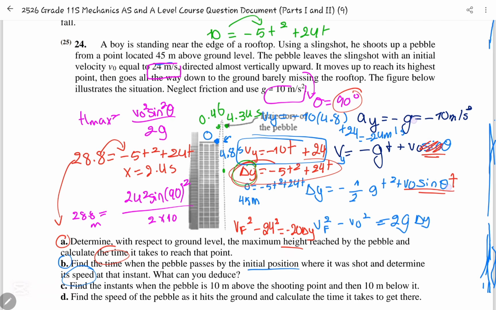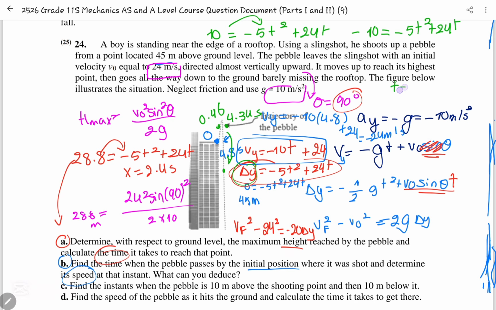Now, if I said it's 10 meters below, that would be minus 10, because it's going down. So minus 10 equals minus 5t squared plus 24t. So you do mod 5, 3. So then it's minus 5t squared plus 24t plus 10, because you moved it to the other side. And you get one value of x to be positive and one to be negative. Of course, you're going to reject the negative because you can't have negative time.